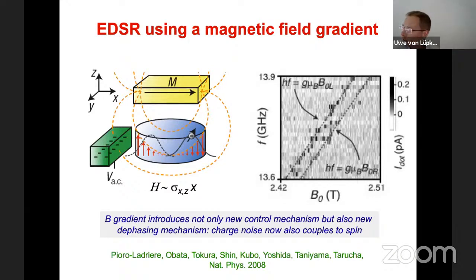And heating: the DC voltages don't cause heating, but the pulses in the microwave drives do cause heating. They will eventually accelerate the T1. A T1 process is essentially spontaneous emission of phonons, and now it becomes not only spontaneous, but also stimulated emission. And the T1 times do drop with raising temperatures.